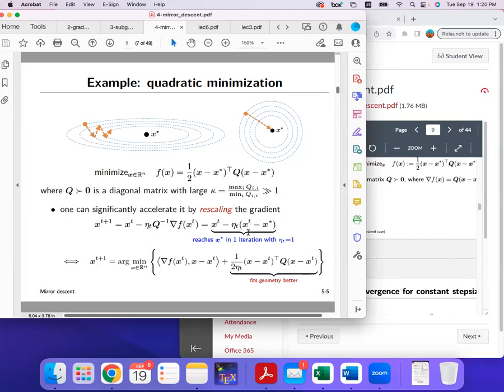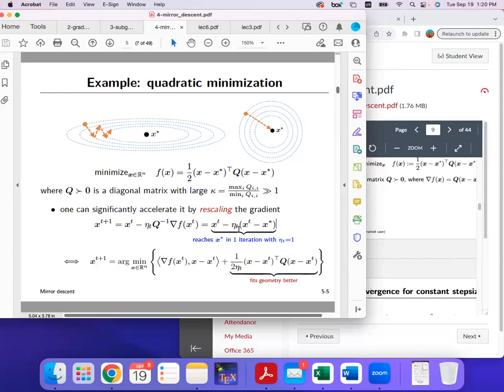And this iteration is a very simple iteration. In fact, if you choose eta t equals to 1, you will immediately get x star in one iteration. Right.